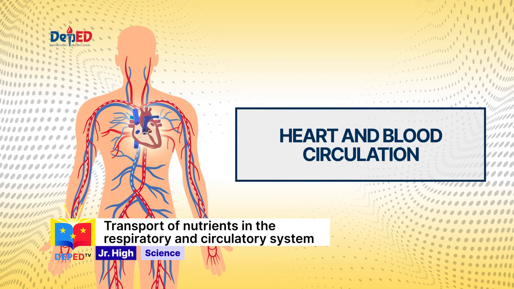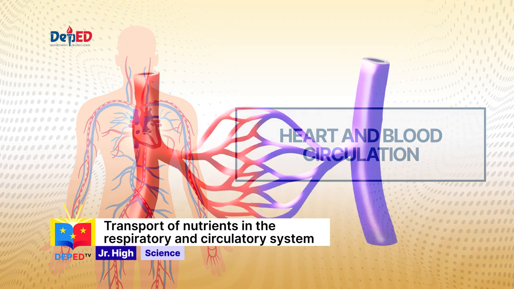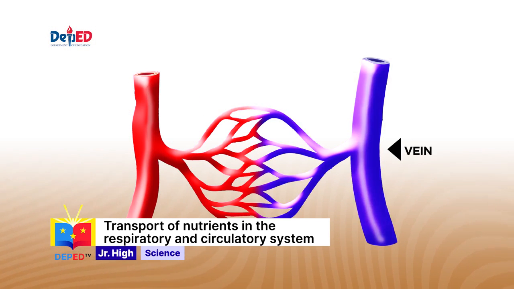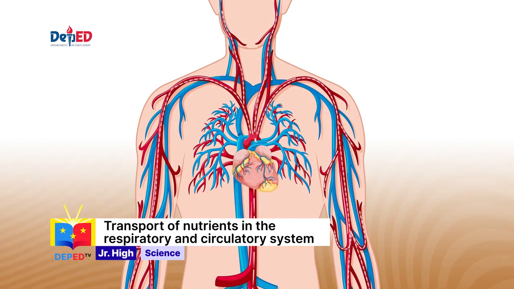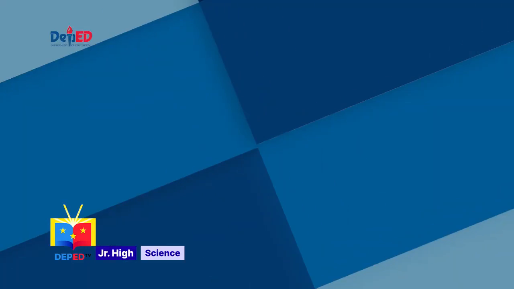We have three major blood vessels, namely veins, which carry the deoxygenated blood back to the heart, the arteries, which transport blood away from the heart, and capillaries, where nutrients and wastes are exchanged. Circulation is made possible because of the blood flow initiated by the contraction of the ventricles of the heart.